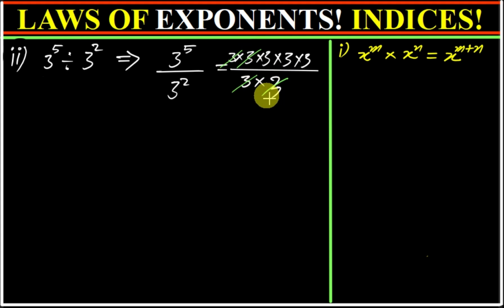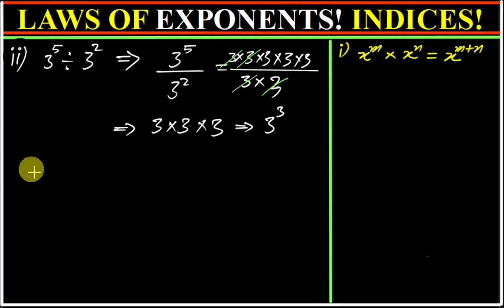So 2 3's upside and 2 3's downside will get cancelled. So what is left here? These 3 3's are left. So finally we get 3 into 3 into 3. How many times is this 3 multiplying here? 3 times. So we can just write 3 raised to the power 3.